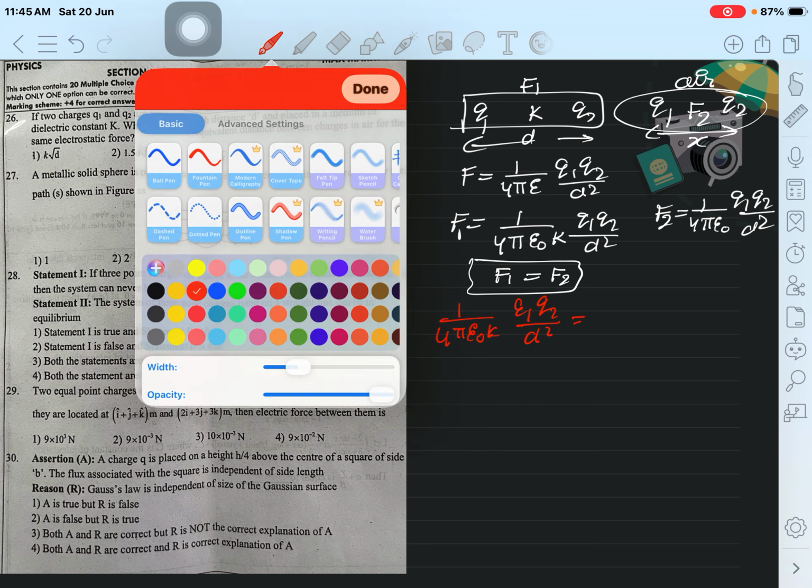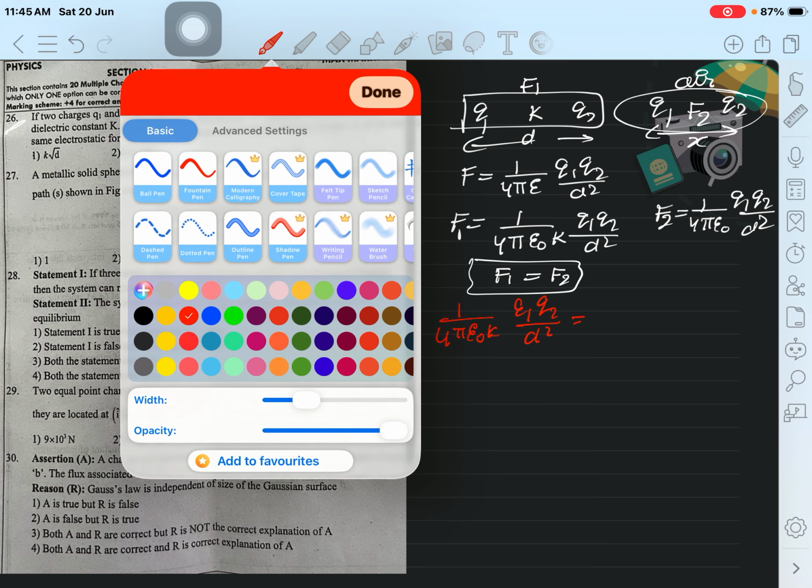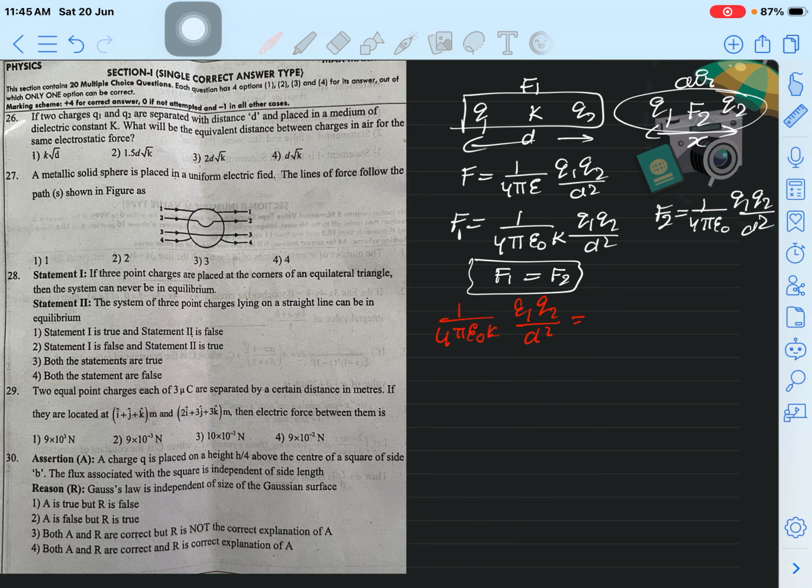Here what is F2? 1 by 4 pi epsilon naught, q1 q2 by x square. If you cancel the similar quantities on both sides, 1 by 4 pi epsilon naught will go, q1 and q2 will also go. X square will not go, so d square will be there.